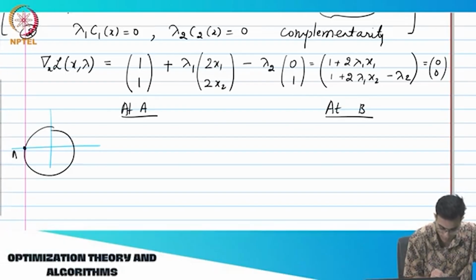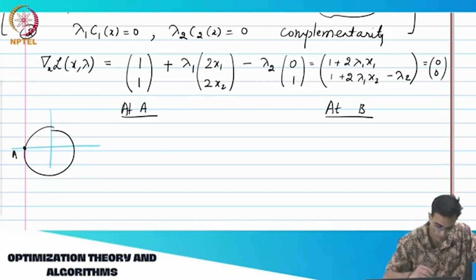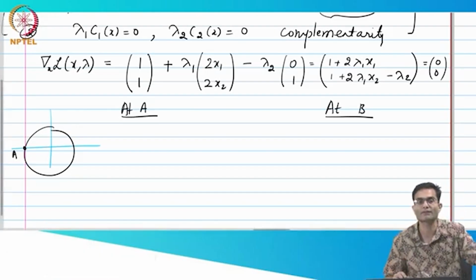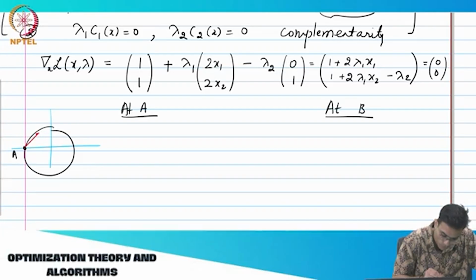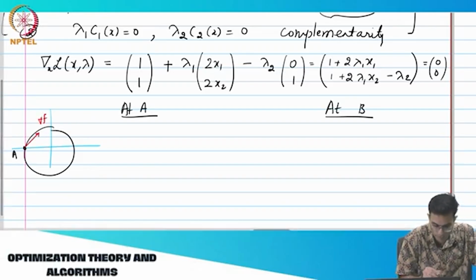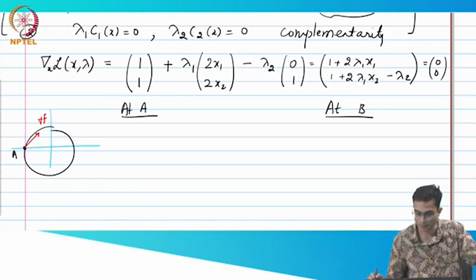So this is my point A. At point A, where is my grad f pointing? Grad f is always pointing in the same direction, (1, 1). So this is my grad f. Which way is grad C1 pointing?